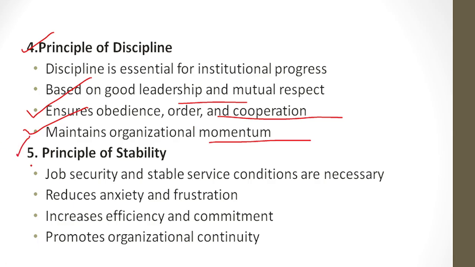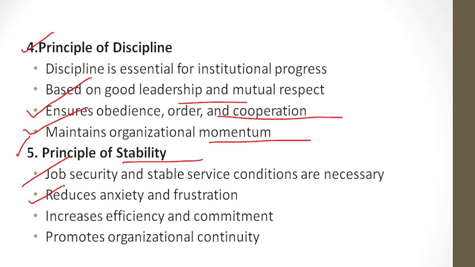Then comes the principle of stability. Job security and stable service conditions are necessary. It reduces anxiety and frustration. The principle of stability means whoever is working in an institution must have security of their job and stable service conditions.